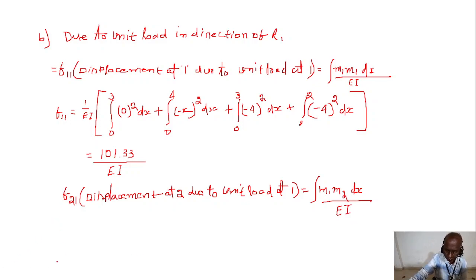That is, F11 equal to F21 equal to, take the common 1 by EI.